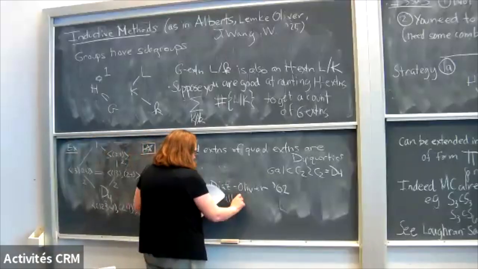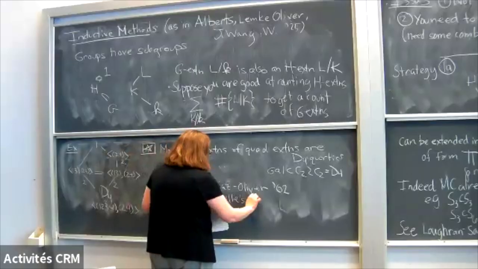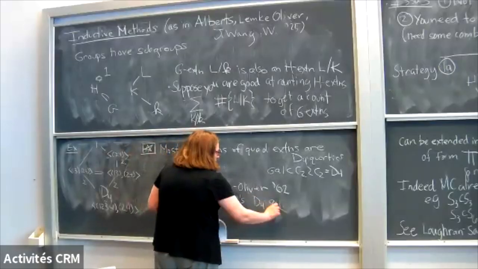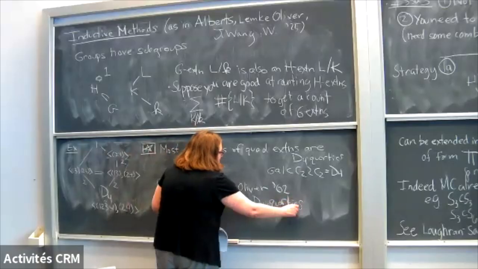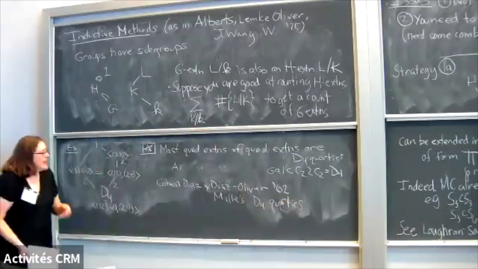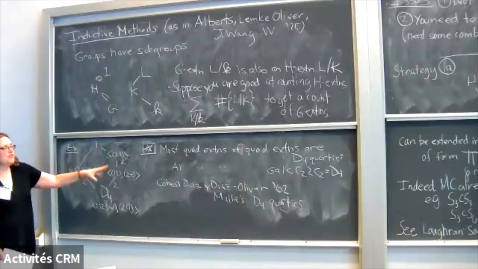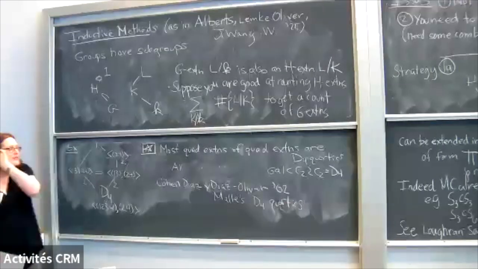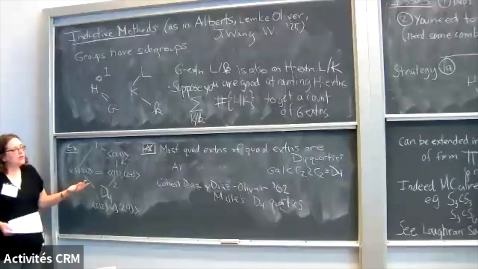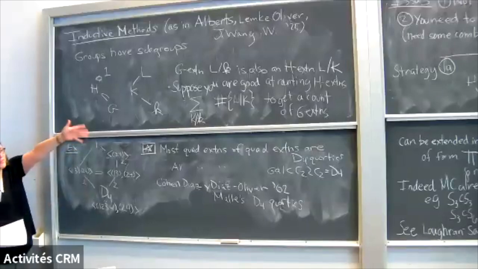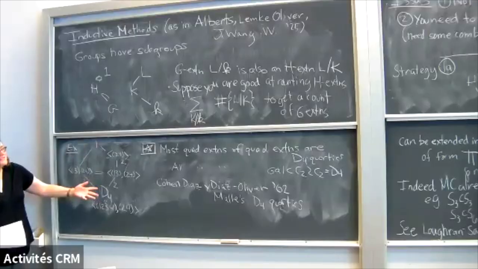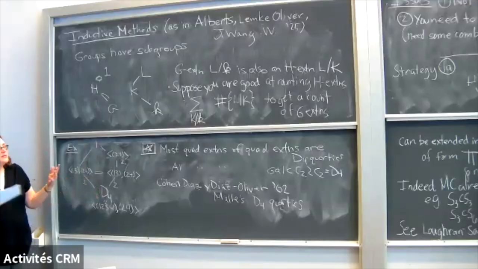to prove Malle's conjecture for D4 quartics by discriminant. So this is the first example in this line of strategy, and there are many other papers that use something in this strategy beyond this, that you're not going to be able to talk about all.